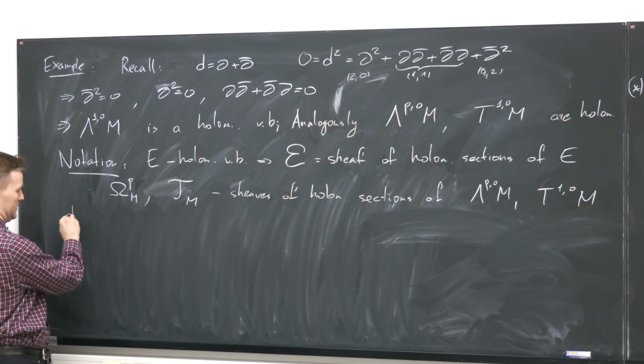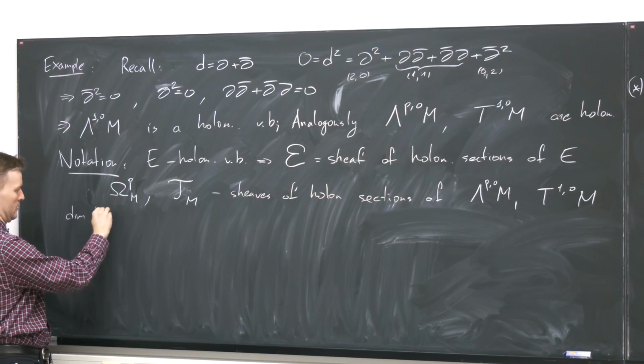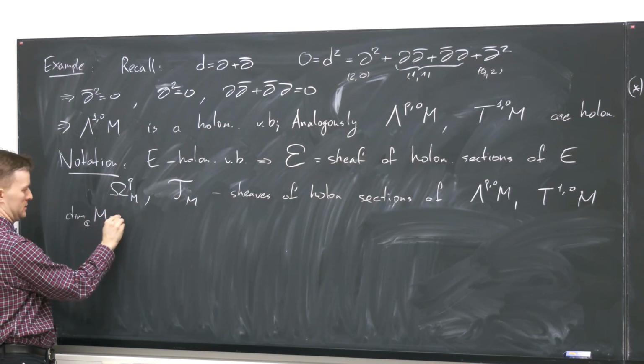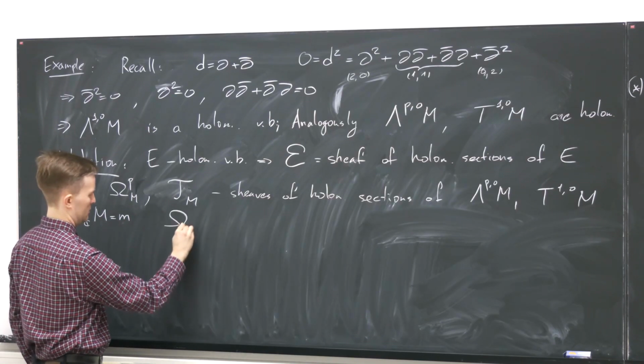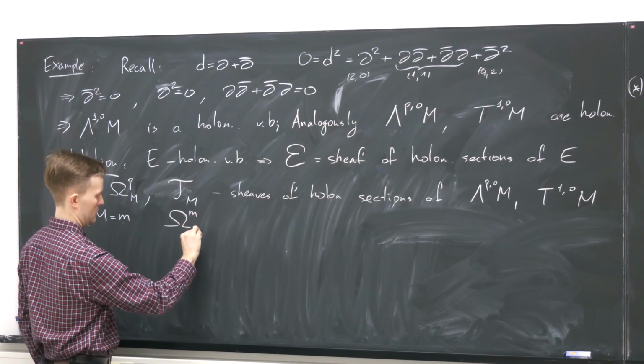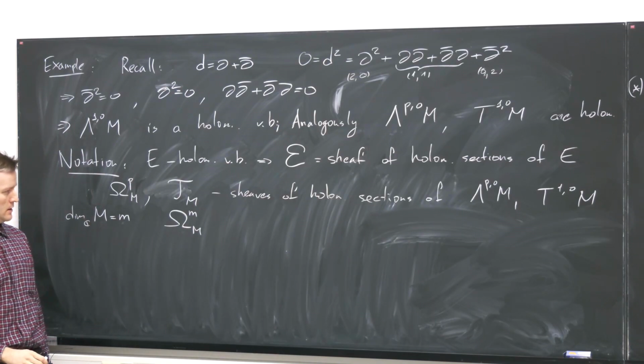And if the complex dimension of M is m, then this bundle Omega^m M has a name.